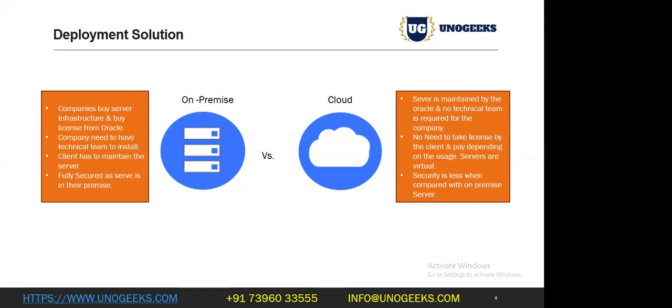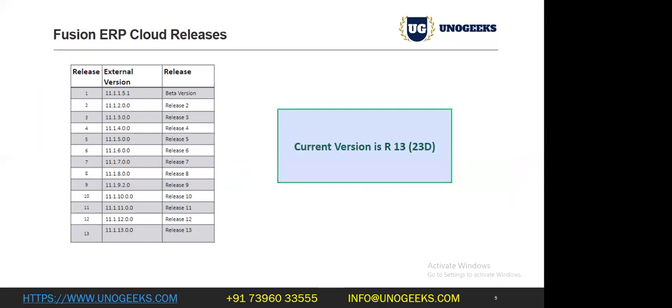Everything is taken care of by the vendor, and in our case Oracle is the vendor. These are the main differences between on-premise and cloud. For that reason, most clients have already started migrating to the cloud. Let's move on to the next slide.